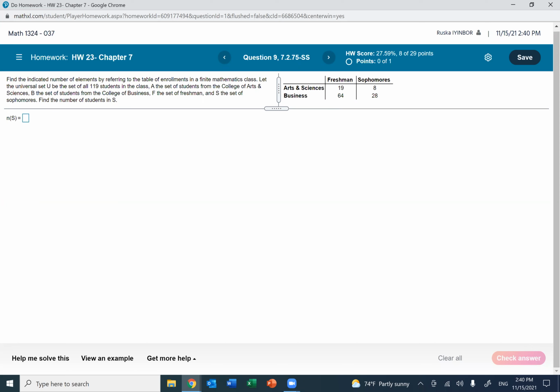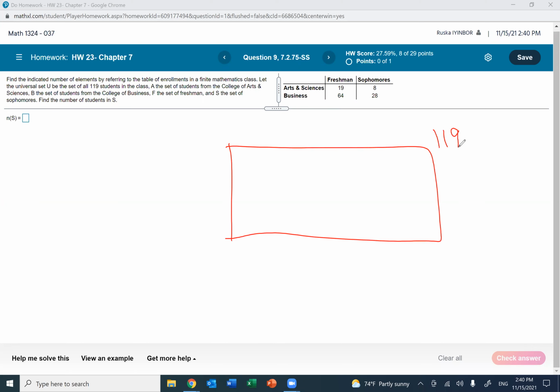So the universal set is 190. A is the set of students from College A, a College of Art and Sciences. So this here is set A, Art and Sciences.